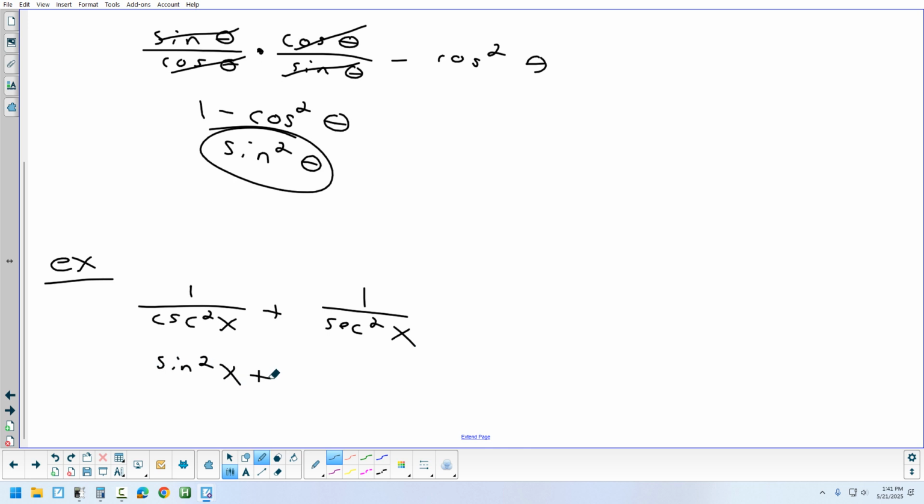And if you flip secant squared, you get cosine squared. And what's sine squared plus cosine squared? 1. That's a formula I gave you at the beginning of the class: sine squared plus cosine squared equals 1. Any question on that?